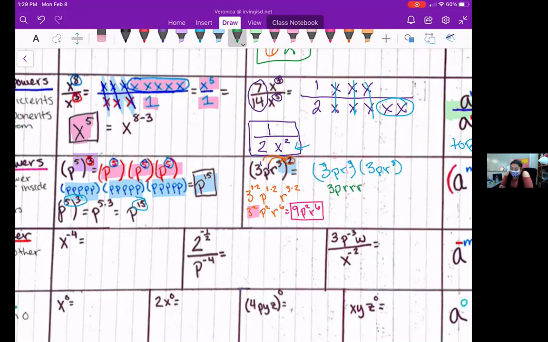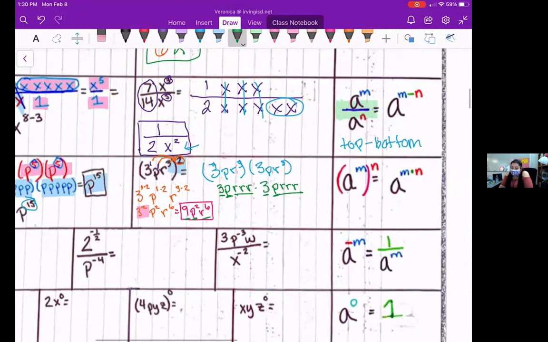And then I have that again, times 3 times p times 3 r's, 1, 2, 3. Here you can see that 3 times 3 is 9. We have 1 p here and 1 p there, so we have p squared. And then we have 3 r's here and 3 r's there, so we have 6 r's. So 9p squared r to the power of 6. That would be your simplified form.